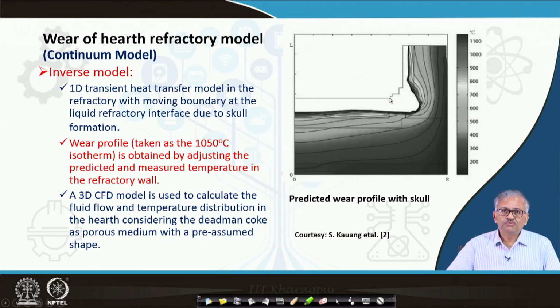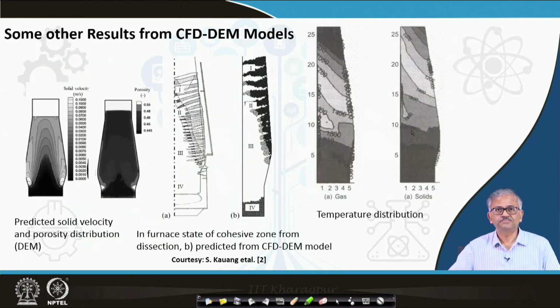From that point of view, this type of modeling is very helpful. We can understand the health of the refractory lining and take some precautions. It has been reliably modeled, with a lot of mathematical validation, and there is experimental validation also available in the literature.